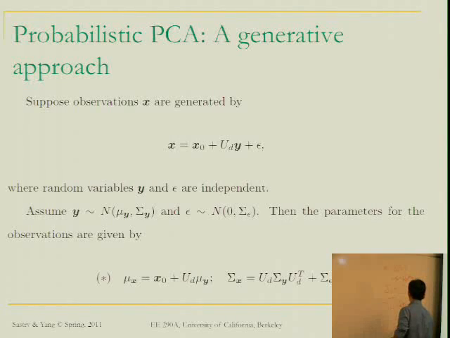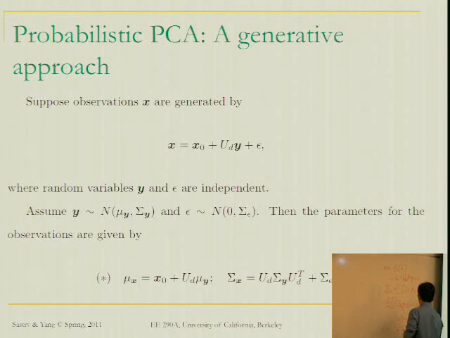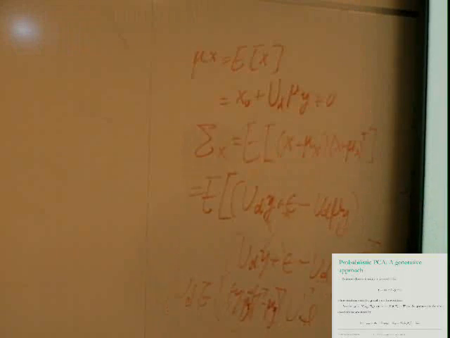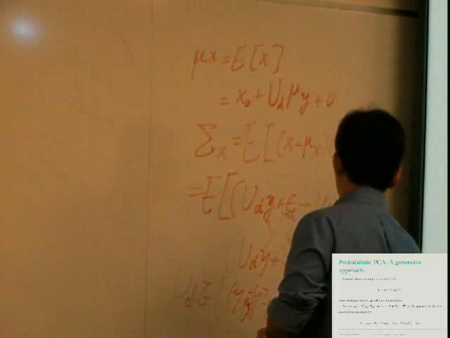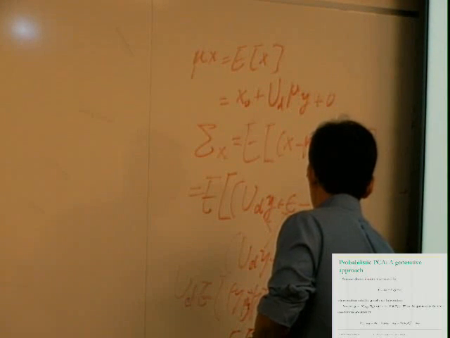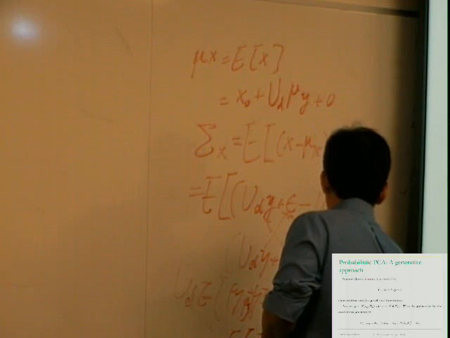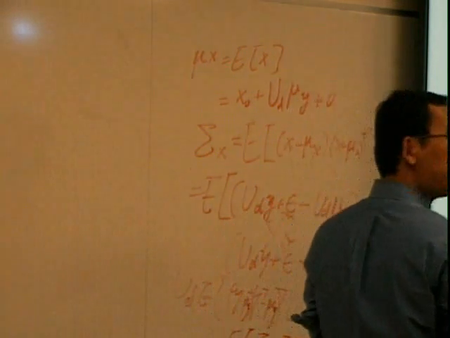So it's mu y transpose, I guess. So that gives you this term. And then the last term will be the expectation of epsilon epsilon transpose, which gives you the covariance matrix of the noise term. Okay?